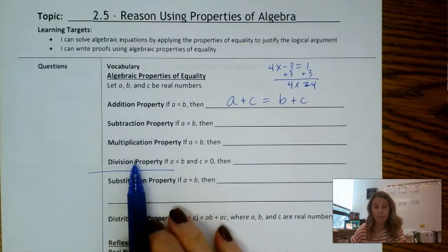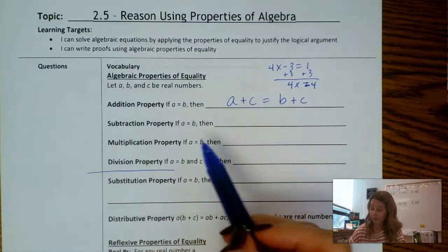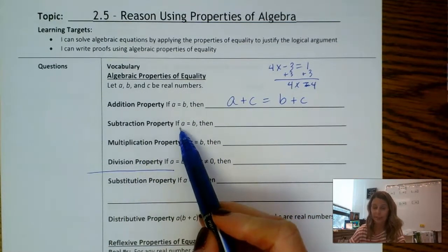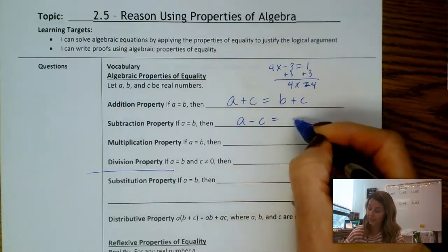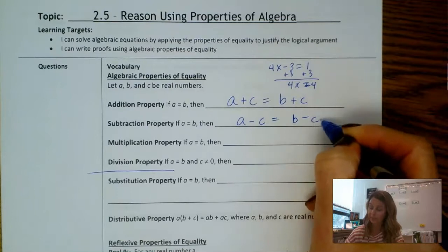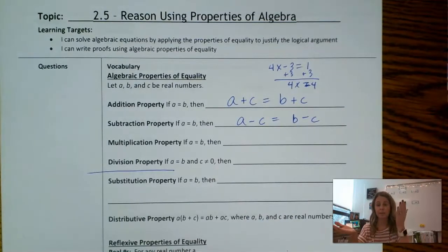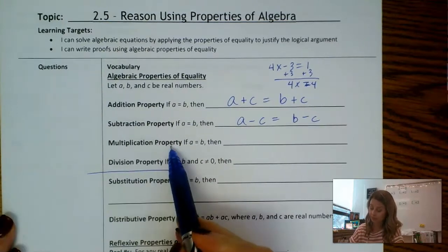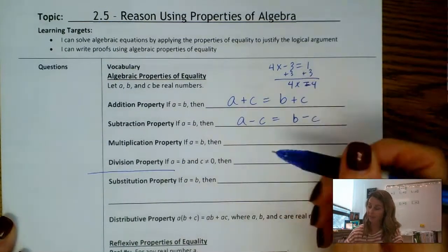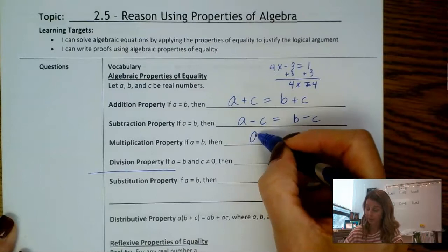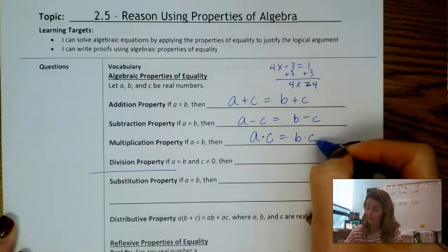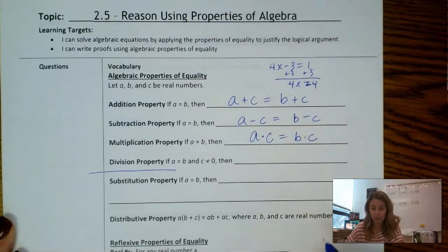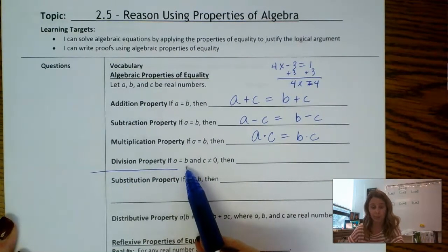So subtraction, multiplication, and division are going to follow. So the subtraction property of equality, if A equals B, then A minus C is equal to B minus C. If you subtract the same thing from both sides, you've kept that equation in balance. Multiplication property of equality, if A equals B, then if I multiply both sides by C, then A times C equals B times C. Okay, and finally the division property of equality.